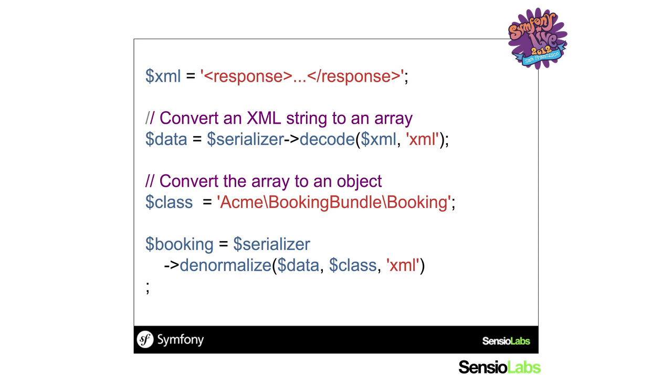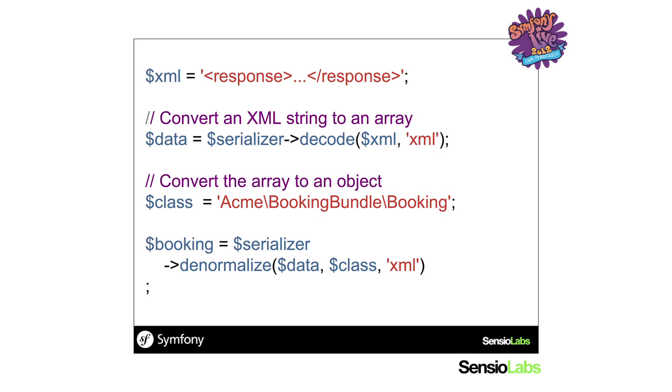So when you are using XML formats, the normalizer is able to recreate a PHP object. That's not the case if you are using JSON. It will work if you use the denormalize function. But if you use the unserialize method on the serializer object, you may not always be able to revert your PHP objects.